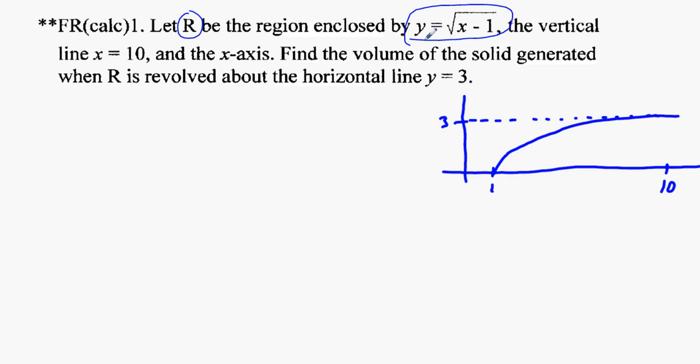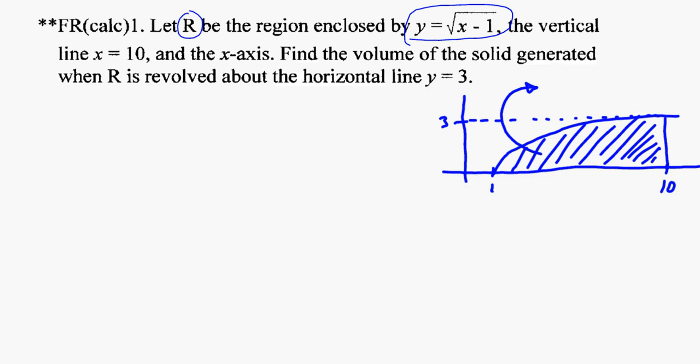And so what we're looking at is the vertical line x equals 10, and the x-axis. So we're talking about this area here. That's the area that we're rotating, and we're rotating that area about the horizontal line y equals 3. So it's going to be a three-dimensional solid once the rotation occurs.